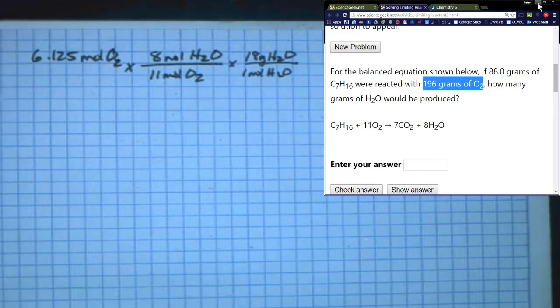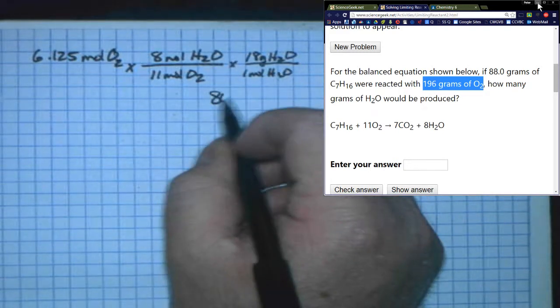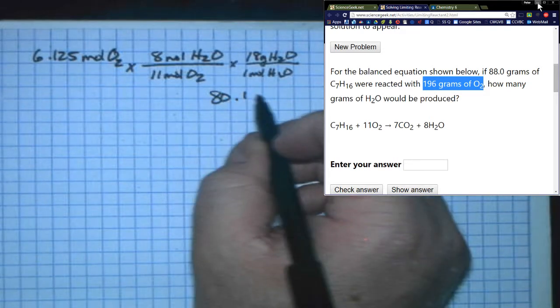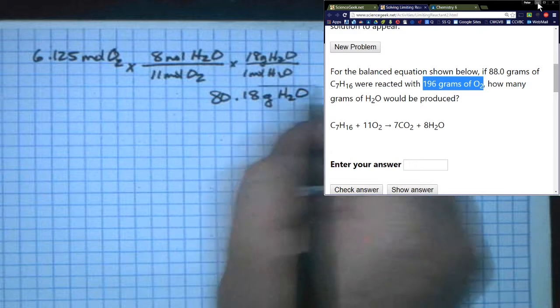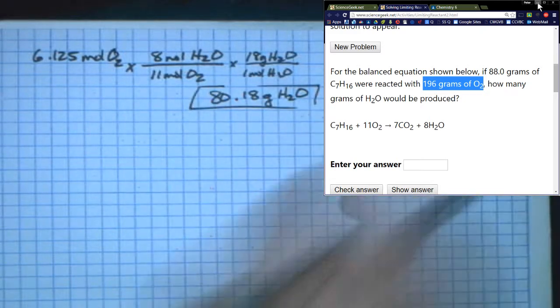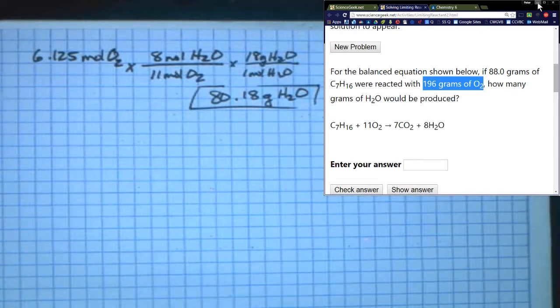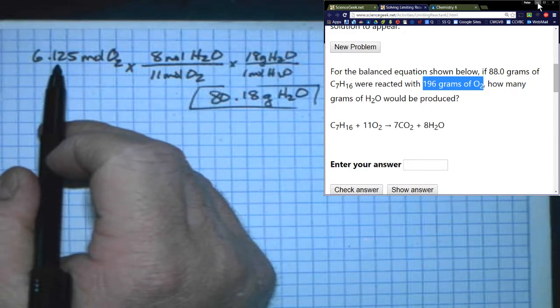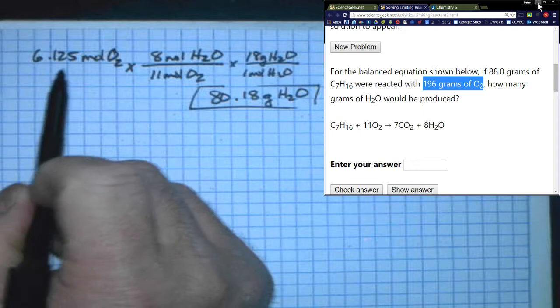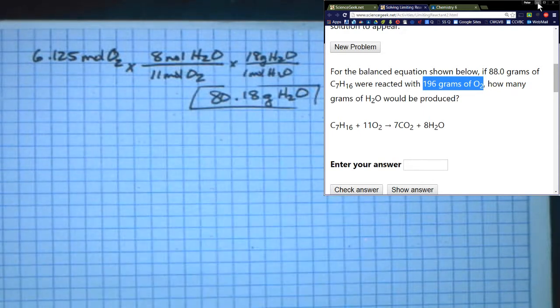So 6.125 times 8 times 18 divided by 11 equals 80.18 grams of H2O. All right, so this is the catch. Once you determine what your limiting reactant is, that is the value that you do the rest of the stoichiometry from.